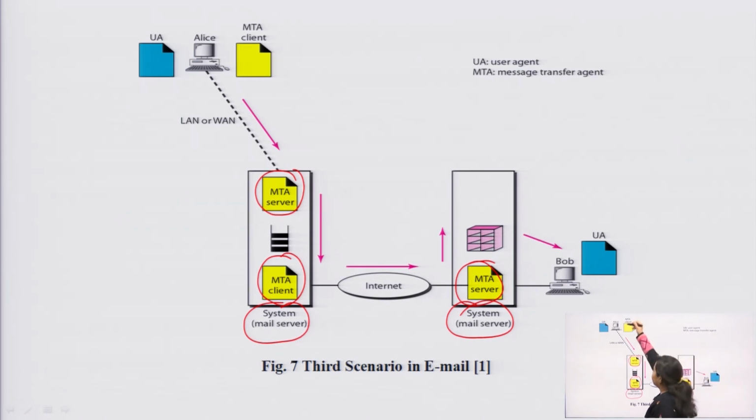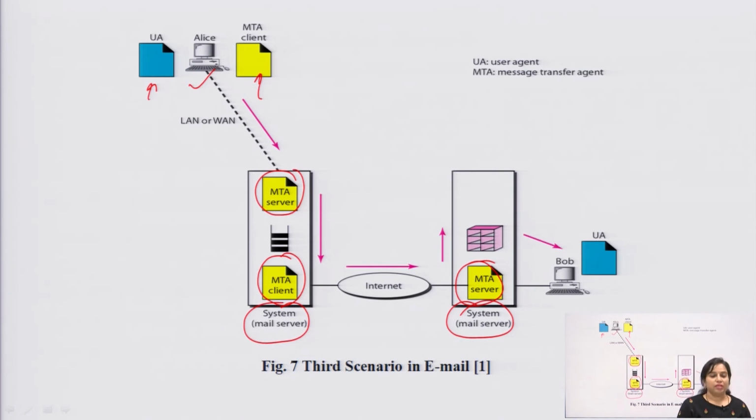Now, the transmitter, or the client, is connected through a LAN, that is a local area network, or WAN. If it is used over a large distance, then it will be a part of a WAN. So, this is the user agent, this is the client, the MTA client is there, and the MTA client will transfer the information to this MTA server, and again an MTA client will transfer the information to a server.